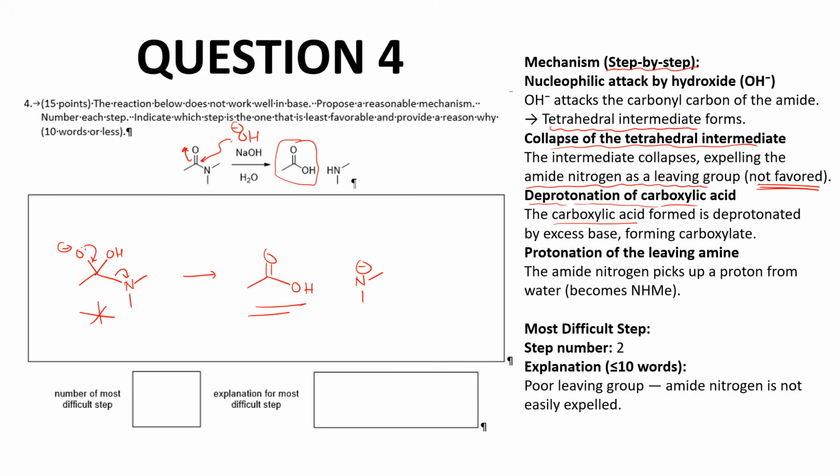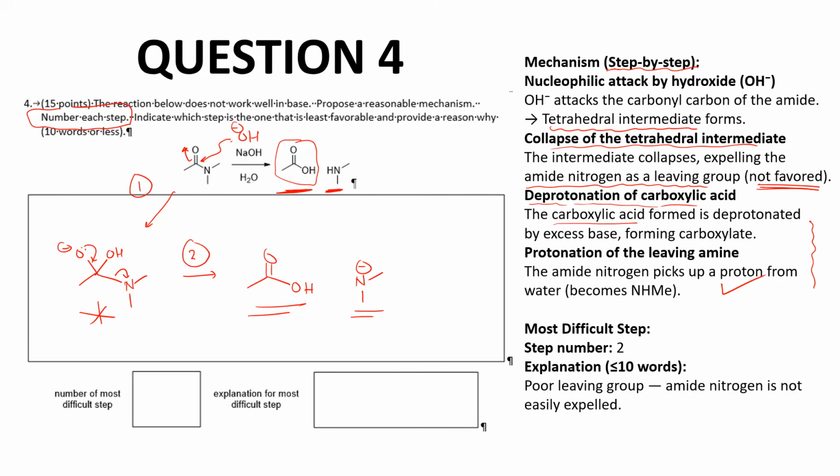Yes, this would get deprotonated and this would be protonated, not having, as I've shown in the products, both of them protonated. But anyway, everything that ChatGPT writes is fine. So that's a correct answer. So which step is the most difficult step? So that's step 1, and that is step 2. And they should number each step.